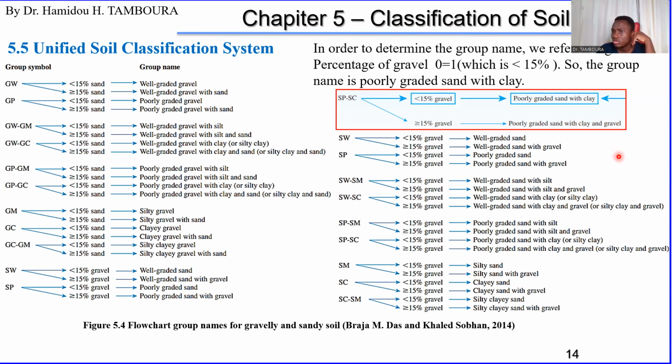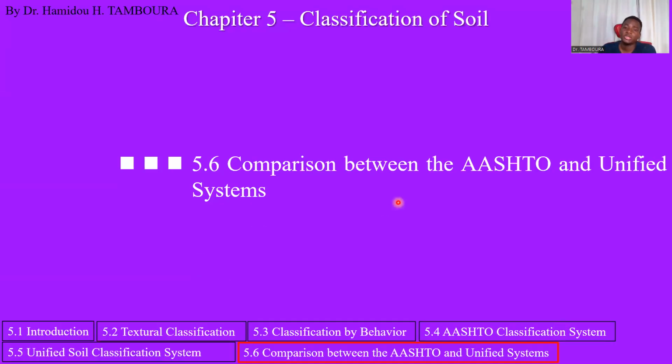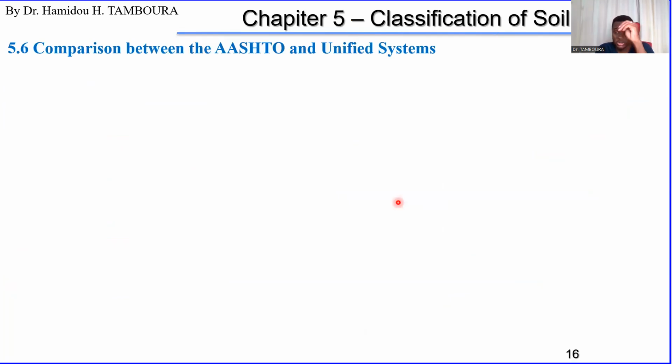So let's go now for the next part, comparison between the AASHTO system and the unified classification system. What are the differences between these two systems?